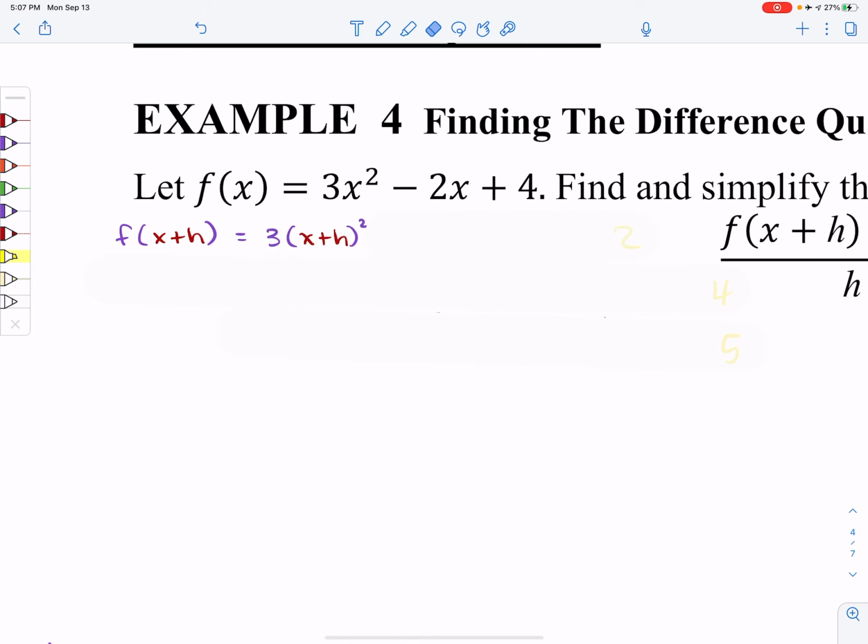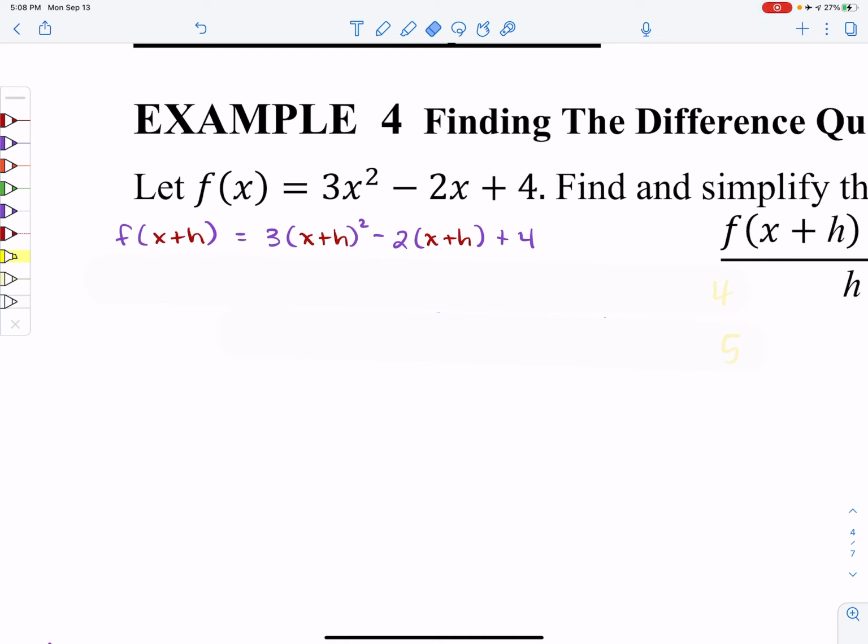So f of x plus h is where I take x plus h and plug it in for every single x that's in my original function. So you notice I have 3. This x came out, and now it's being replaced with an x plus h, and I'm going to square it. And then for the next piece, I'm going to have a minus 2 times x plus h. And then lastly, just a plus 4. There's nothing to plug in there.